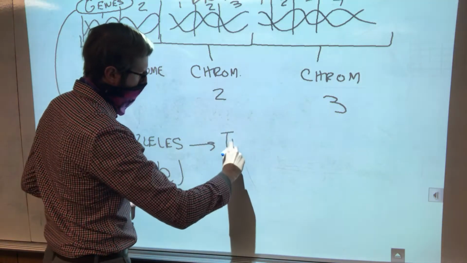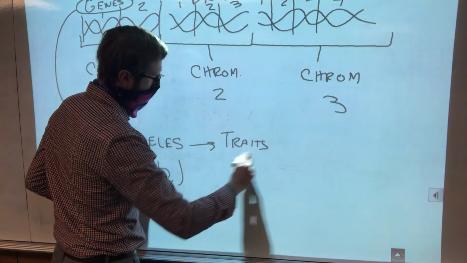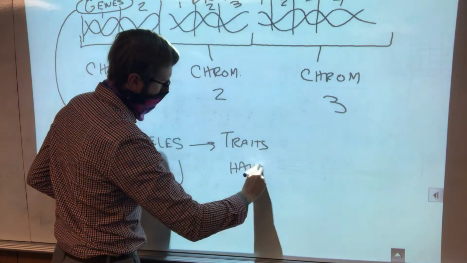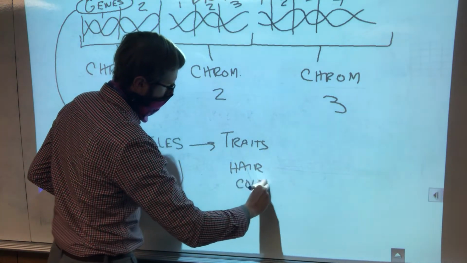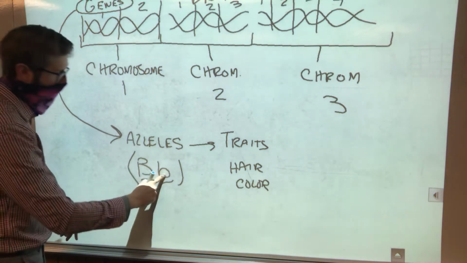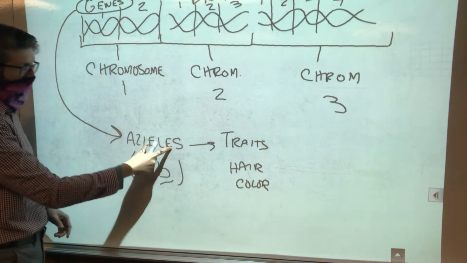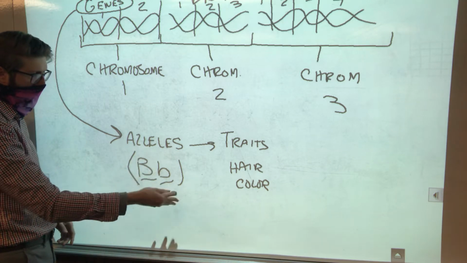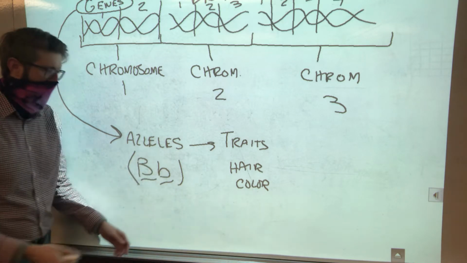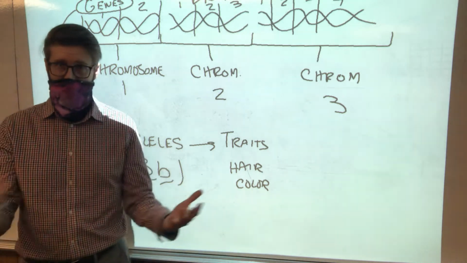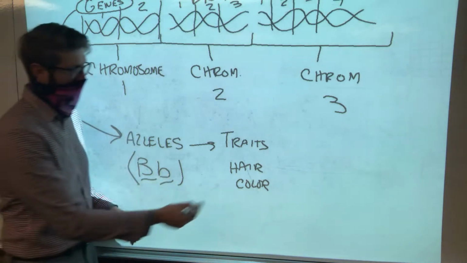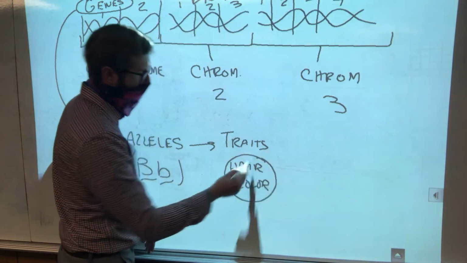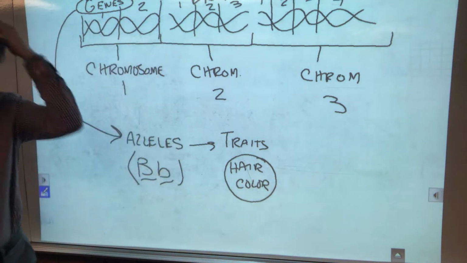So these make up traits, like let's call it hair color. Let's say big B is brown, little b is blonde. So every trait has 2 alleles, maybe big B, little b, little b, whatever. And those alleles, depending on what alleles there are, will determine what hair color or trait that you have, okay?